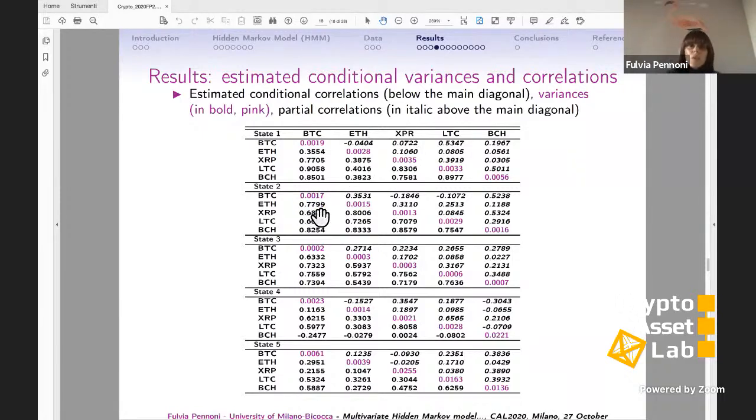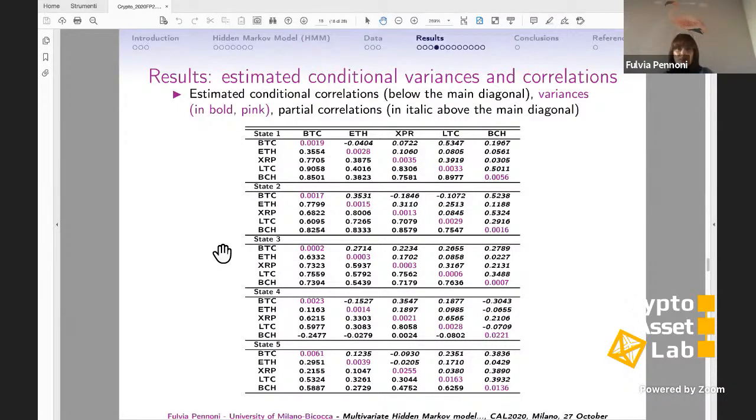So, for example, if we are looking at state 2, we can notice this, of course, high correlation estimated between Bitcoin and Ethereum, and we can see that the partial correlation is negative here.